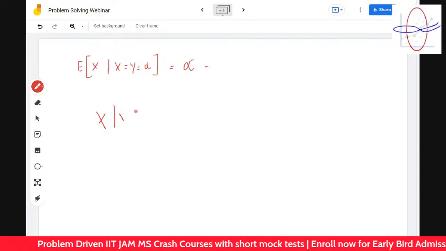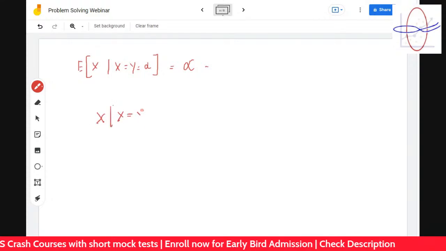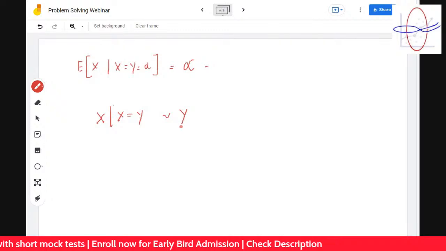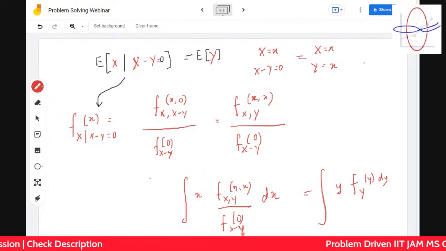X given x is equal to y is actually y. Can you show it like this? That actually, it is not the expectation that is the thing, but y is actually the thing.